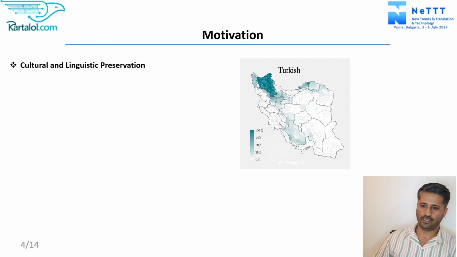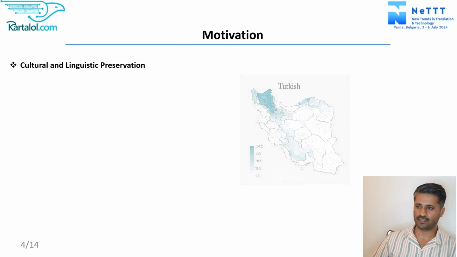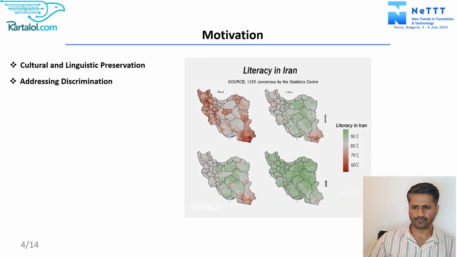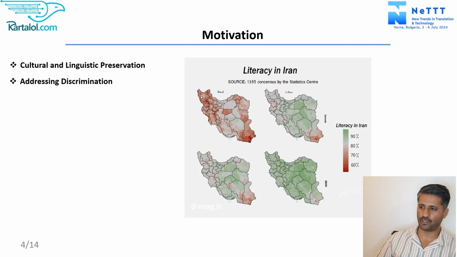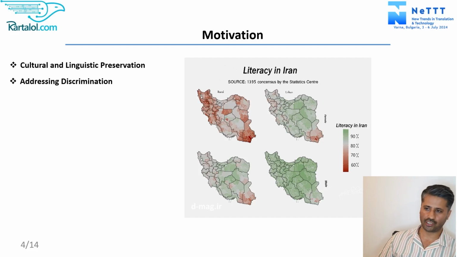The next motivation for us is addressing discrimination. Linguistic discrimination affects Azerbaijani speakers' access to education, employment, and social services. According to Noam Chomsky's theories of language development, hindering a child's native language development can obstruct cognitive and educational growth.